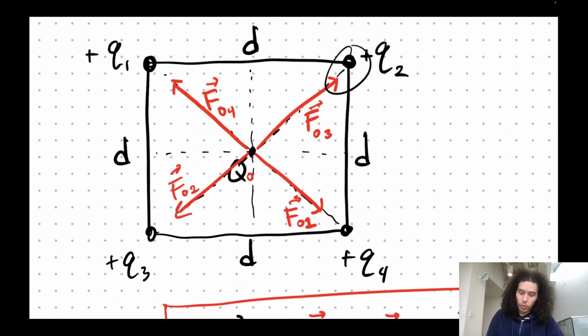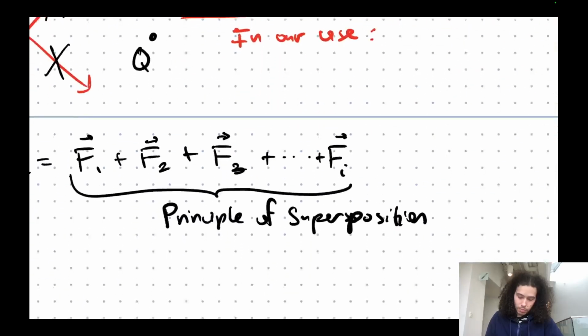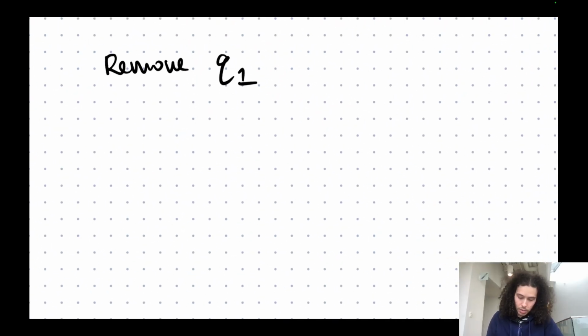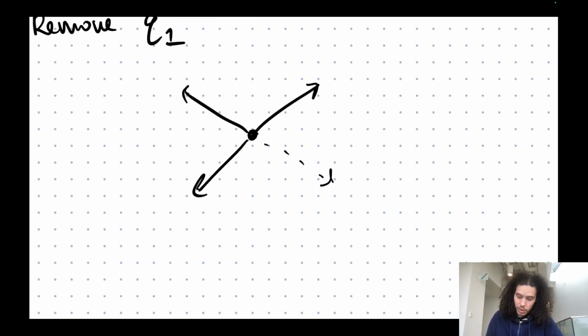The moment you remove one of these charges, that means that your force diagram isn't going to be in equilibrium anymore. One of these vectors is going to have to go. This one actually. So say we remove Q1, your force diagram is going to end up looking like this. One is gone.